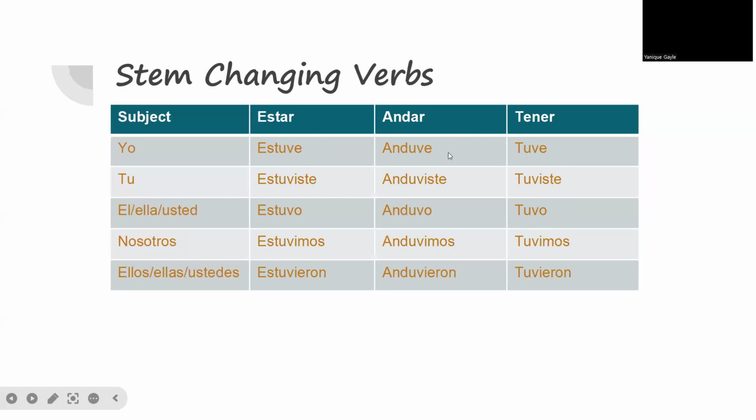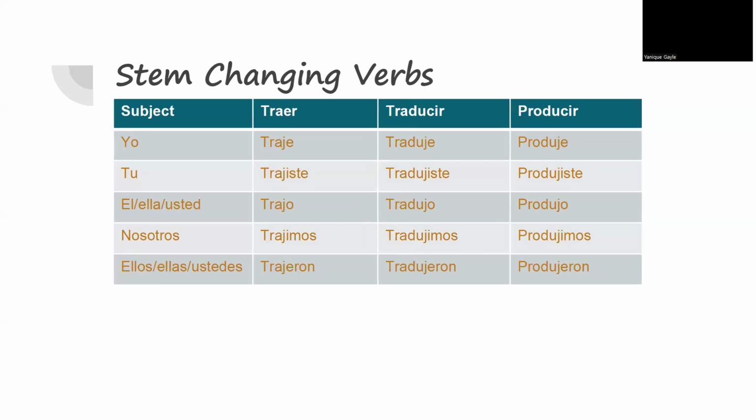Andar, anduve, anduviste, anduvo, anduvimos, anduvieron. Then we have tener. Tuve, tuviste, tuvo, tuvimos, tuvieron. Some other stem changing verbs in the past tense.